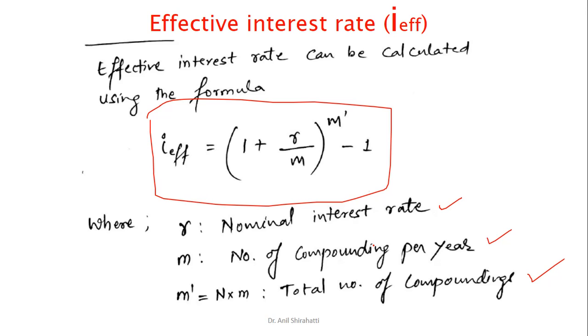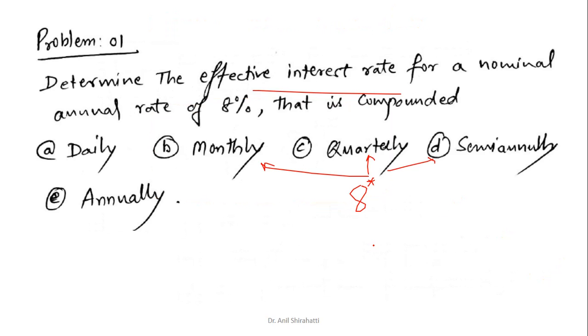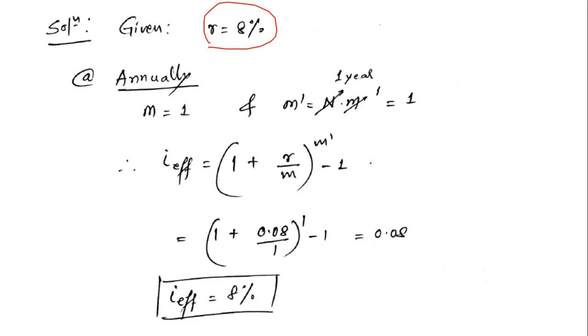In our case we want to calculate for 1 year only, so m is equal to 1, and m dash is equal to n into m, that is 1. In all the cases we are using 1 year only. What is R? That is 8%, 0.08. Then it is 1 plus 0.08 by 1, raised to 1, minus 1, and we get 0.08 or 8%.